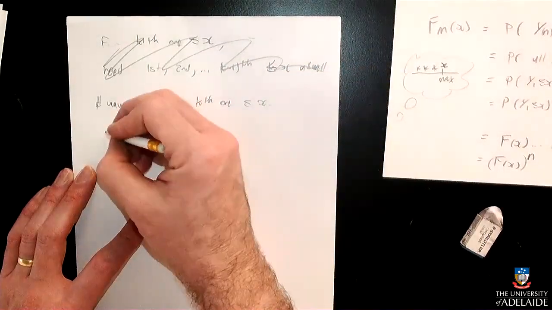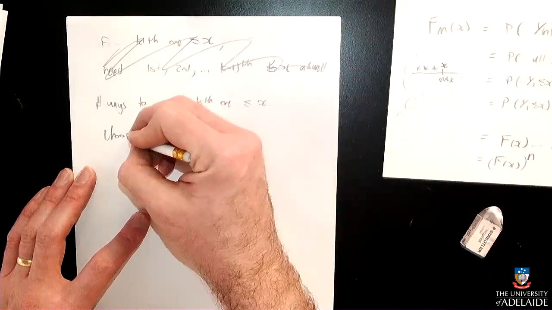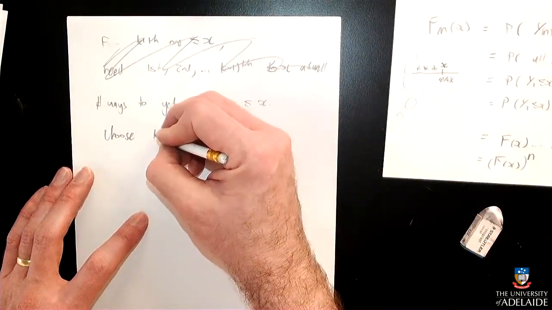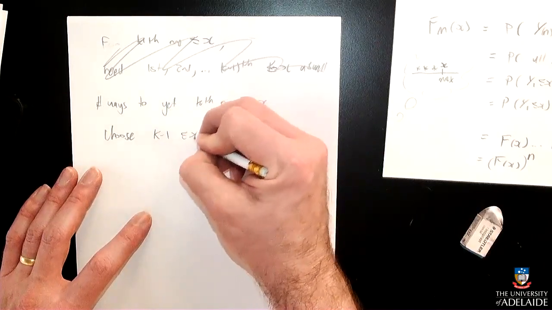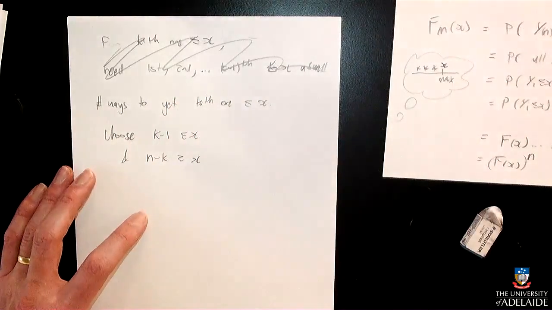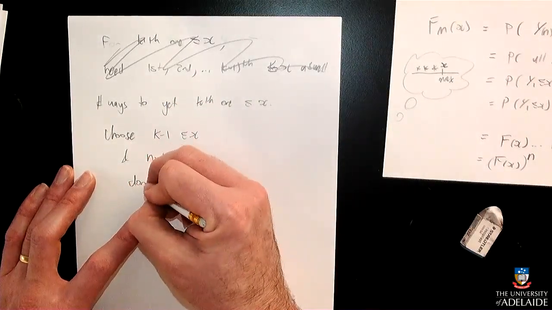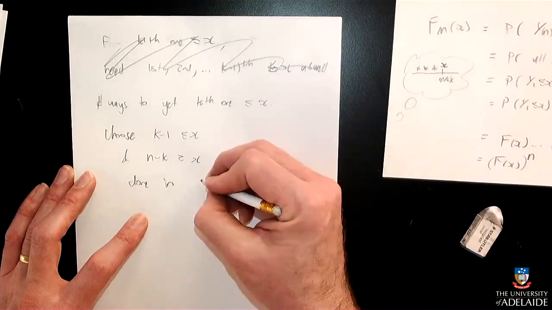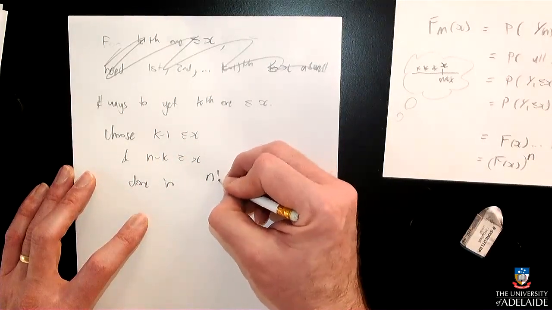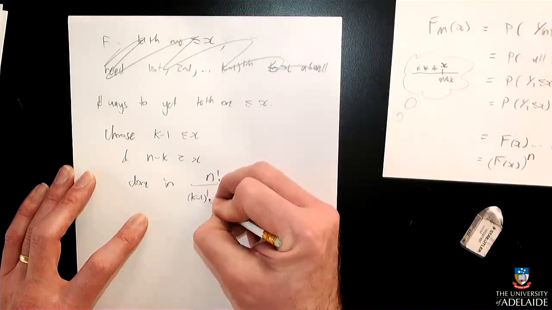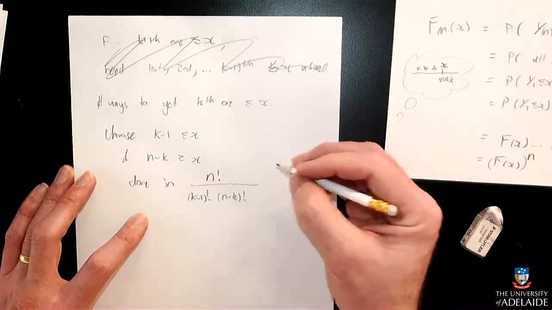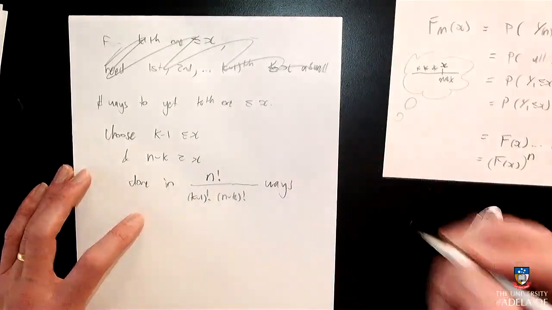So you would need to choose k minus 1 to be less than or equal to x and n minus k to be greater than or equal to x, which can be done in n choose ways.